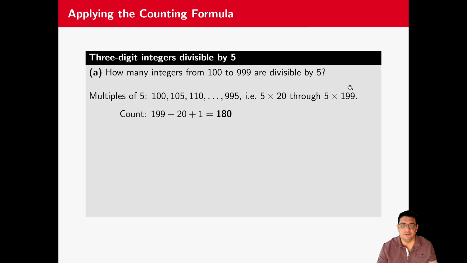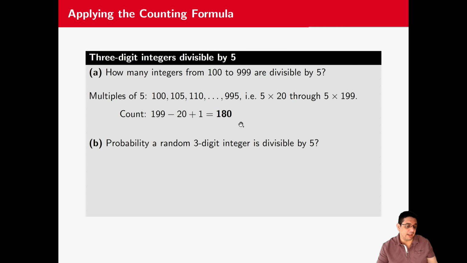And you can notice that this is like 5 times 20 through 5 times 199, which is going to give me this. So you can kind of see that this is a difference between the 20th multiple of 5 and the 199th multiple of 5. So we can count all those numbers by making a difference: 199 minus 20 plus 1. And so that's going to give me the total number, which is 180.